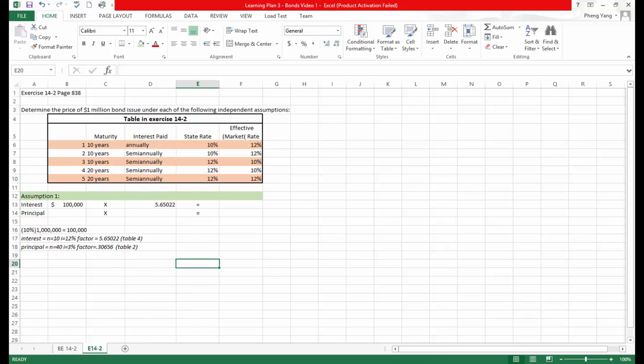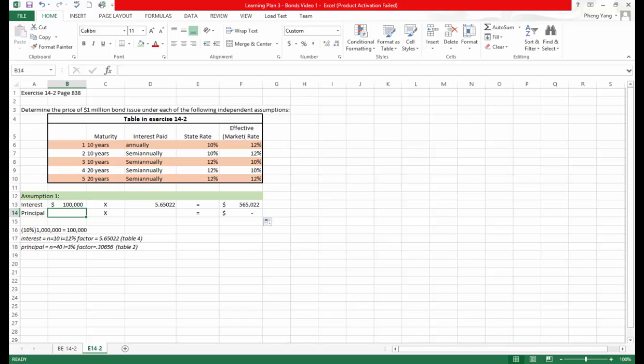Okay, there you go. Should work now. And I'm going to put formulas in here so that once I type these in, our numbers come right up. That's the magic of Excel. I love Excel for that. It saves a lot of time.